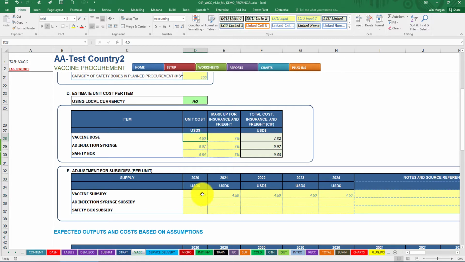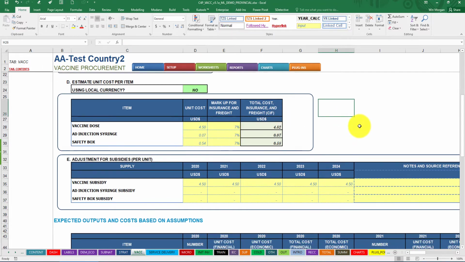So in essence, you're saying it's donated. Most times there are not donations of injection syringes or safety boxes, so you can look up what price you're going to be paying for that on the unit cost basis. You can usually get that from your medical stores division, and you'll want to put that in there.